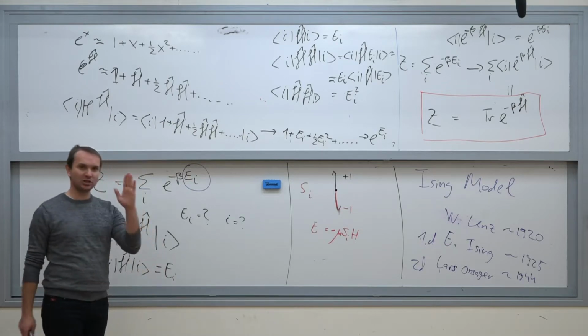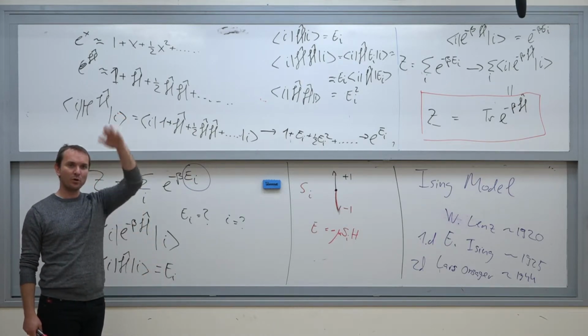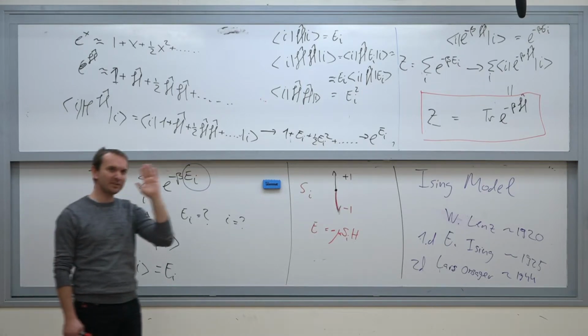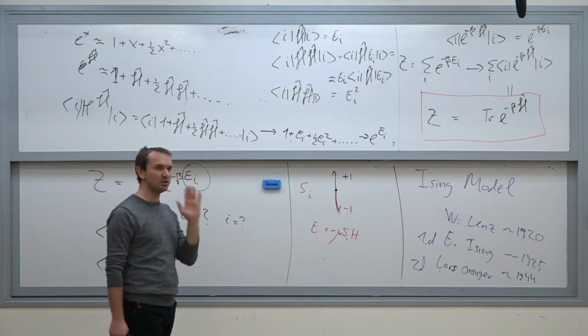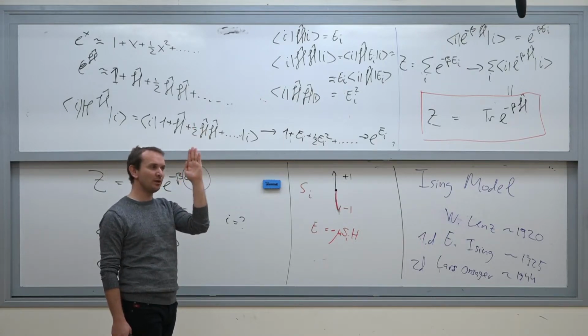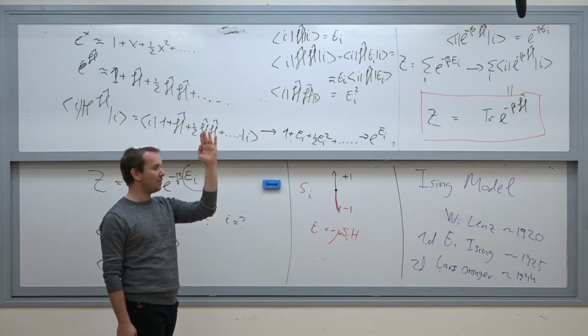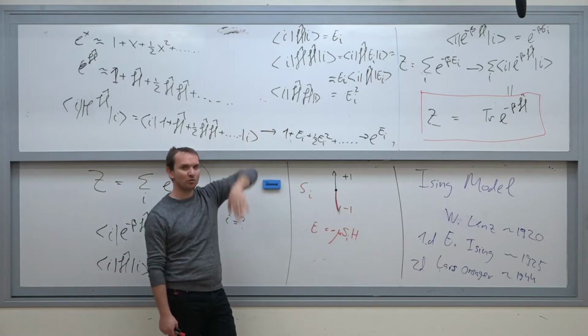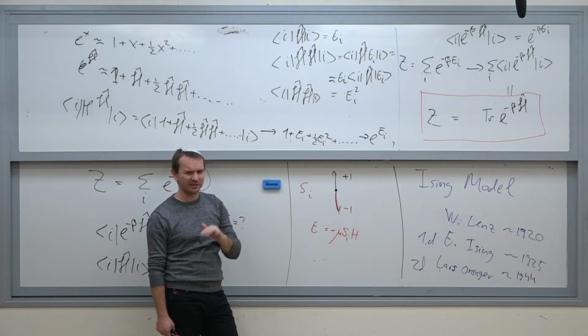Now H can be either up or down, so only positive or negative, because everything that we're looking at in this model is only the Z direction. For each spin, there is only one direction. It can only go up or down, and the external field can be in the Z direction or the minus Z direction. It can be positive or negative.